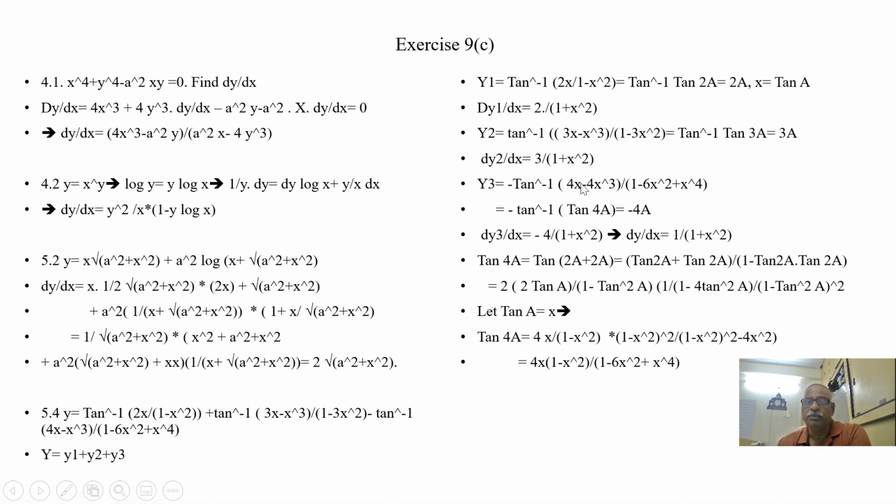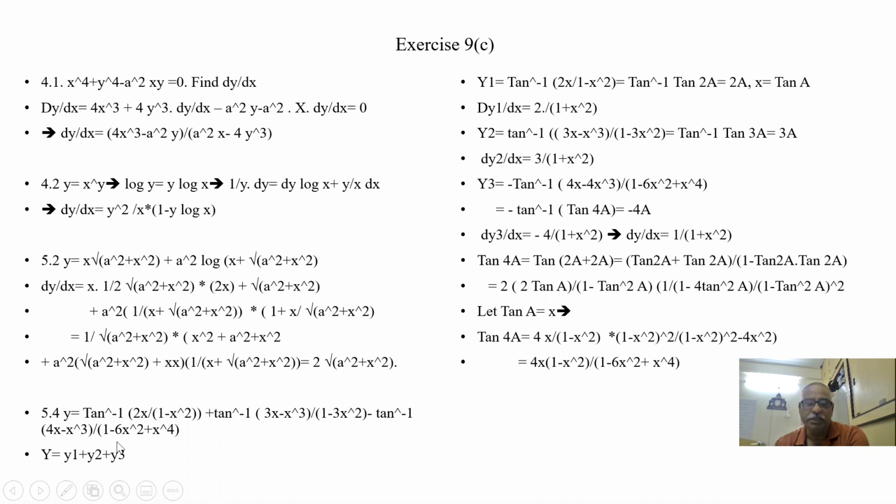Tan 4 theta, because tan 4 theta is tan of 2 theta plus 2 theta. Tan A plus tan B by 1 minus tan A tan B. That is equal to tan 4A. If tan A we treat it as x, we get 4x into 1 minus x square by 1 minus 6x square plus x to the power of 4.